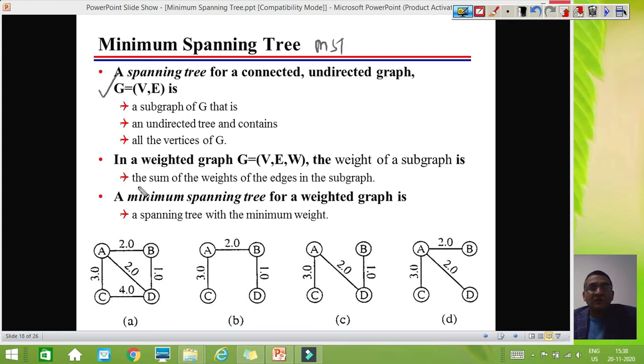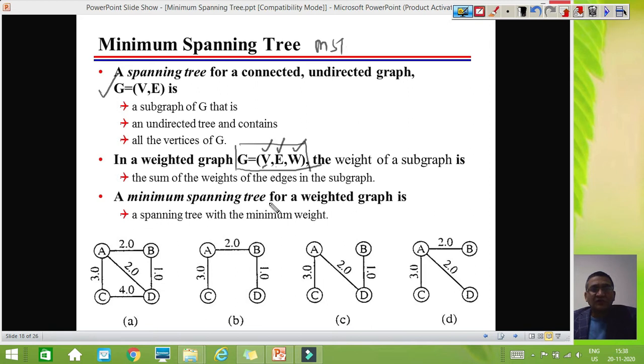When we talk about the spanning tree, our graph must be weighted, because spanning trees are only found in terms of the minimum weight. If the weight is not associated with the graph, then there is no meaning in finding the minimum spanning tree. So your actual graph must be represented using three entities: V, E, and W. V is the set of vertices, E is the set of edges, and W is the weight of the edges.